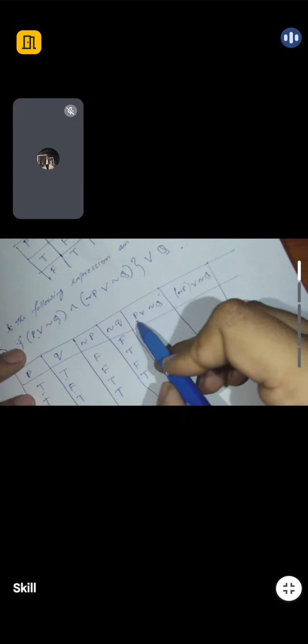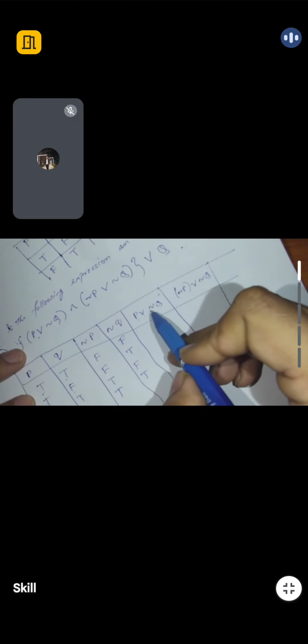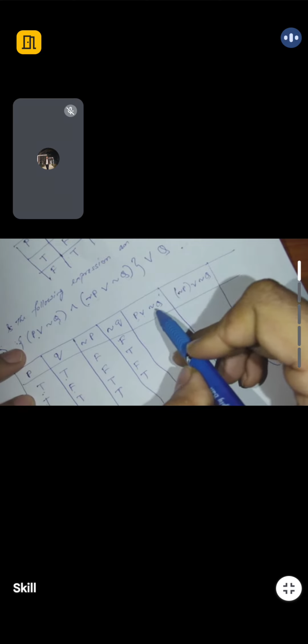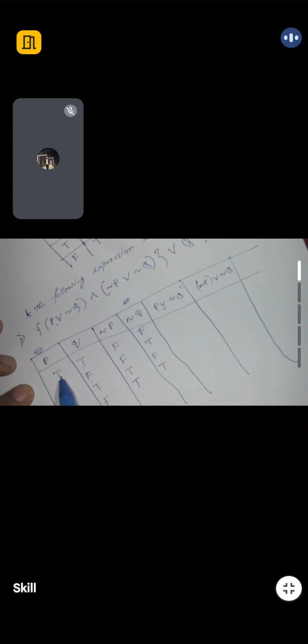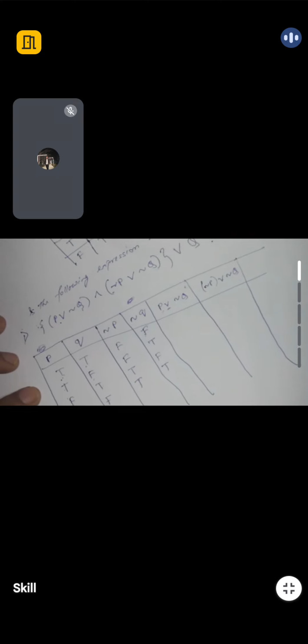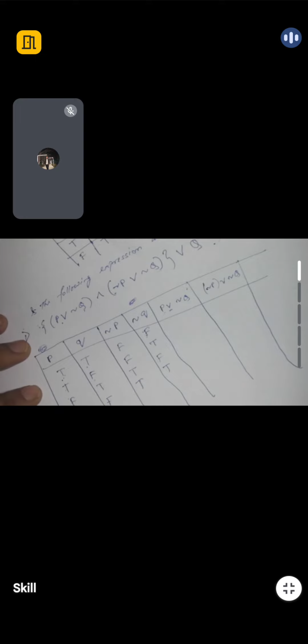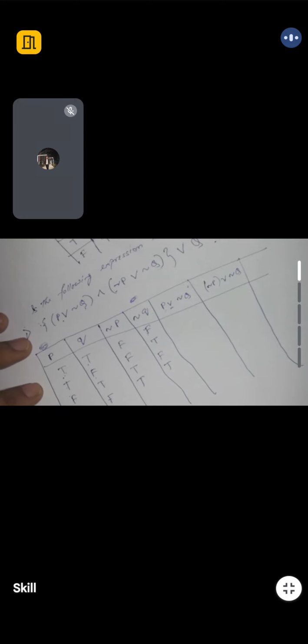So now just consider P or negation of Q. We take this column and this column, and we have the connective or. If it is or, then remember addition.